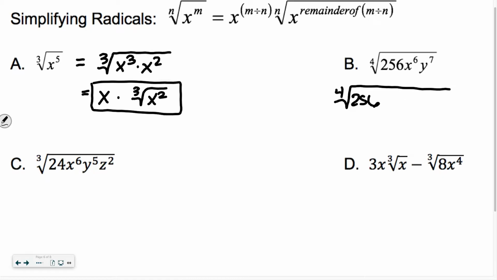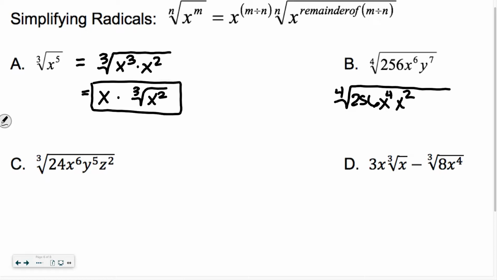X to the 6 is not a perfect fourth because 6 divided by 4 doesn't divide nicely. Is there a perfect fourth inside of x to the 6th? X to the 4th, because then it will divide nicely. So we're going to say x to the 4th and x squared.